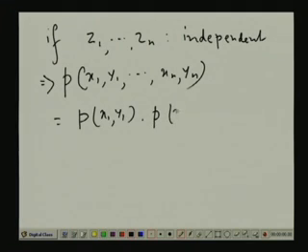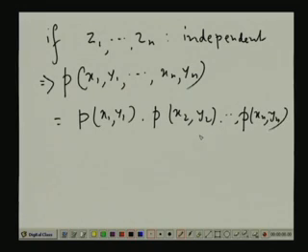Then p of x 2 y 2 dot dot dot p of x n y n. Okay.